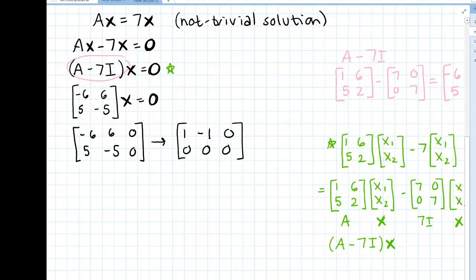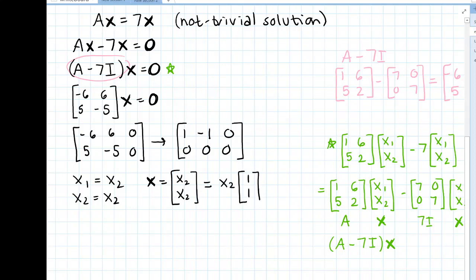So that tells us that x2 is a free variable, so we can write x1 as x2, because x1 minus x2 is equal to 0, and then x2 is free. This is where we need the parametric vector form; you're definitely going to want to know that for this stuff. So we can rewrite x as x2 and x2, and pull out the x2, leaving x2 times 1, 1.